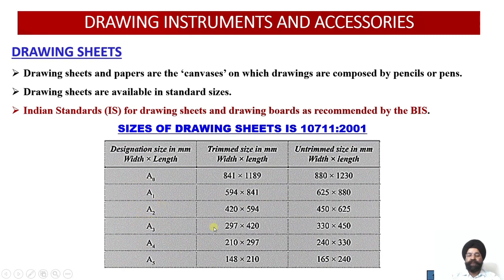In the A2 sheet, 297 was the smaller side, so 297 multiplied by 2 gives us 594, which becomes the longer dimension now, and the longer dimension of the A3 sheet becomes the smaller dimension of the A2 sheet.